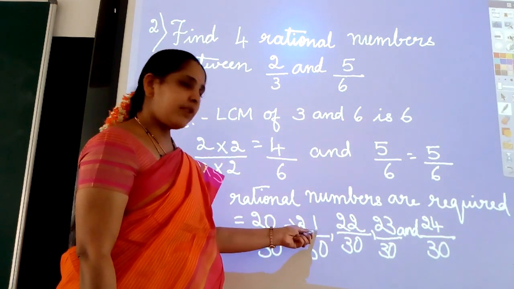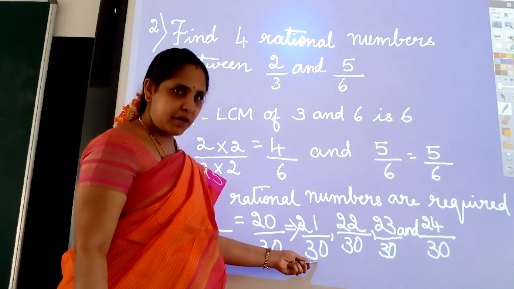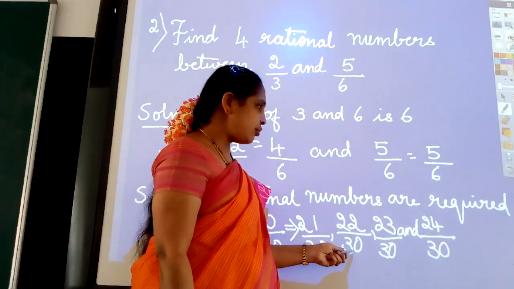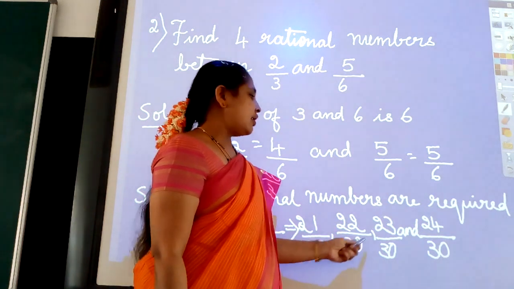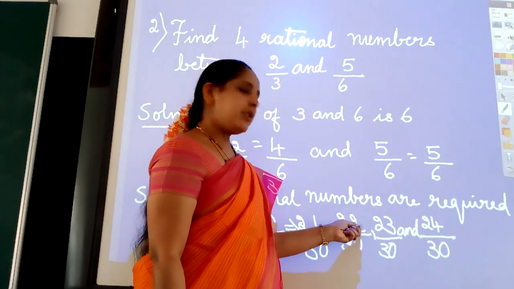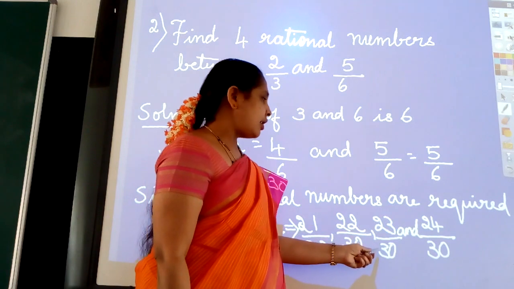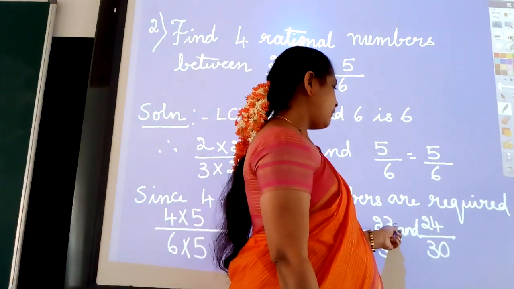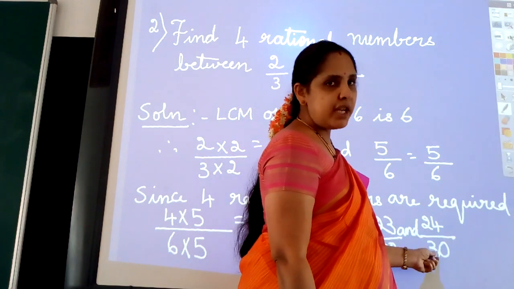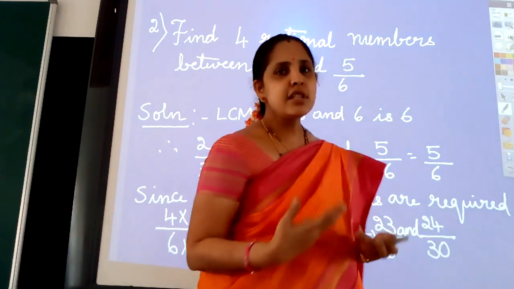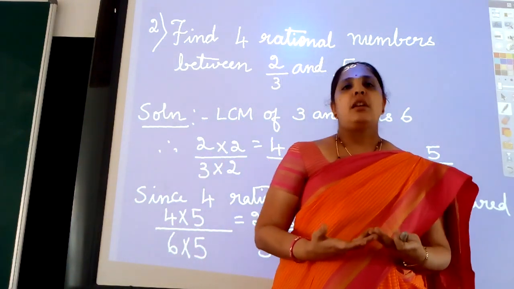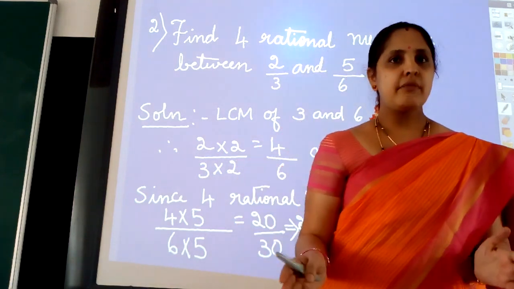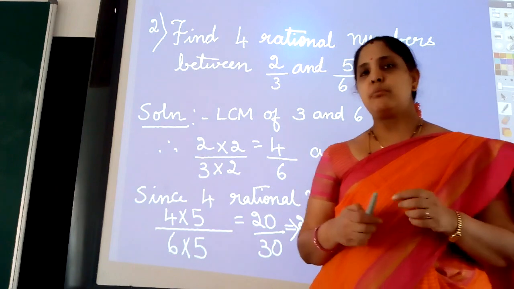It gives me 21 by 30, which is my first rational number. The second rational number is 22 by 30. The third rational number is 22 plus 1, 23 by 30. And the next rational number is 23 plus 1, 24 by 30. So this is how we can arrive at any number of rational numbers between two rational numbers.